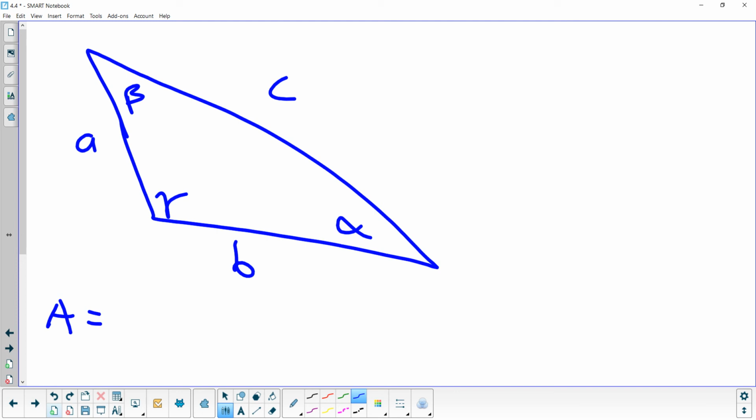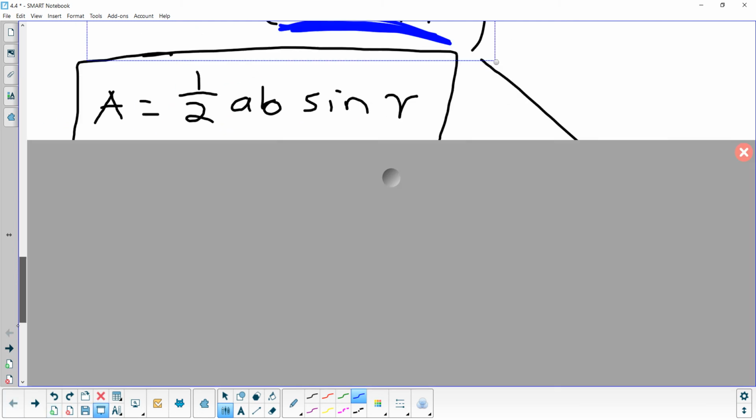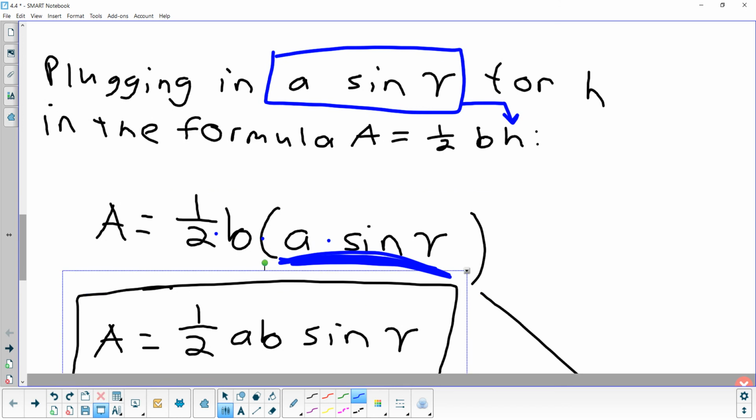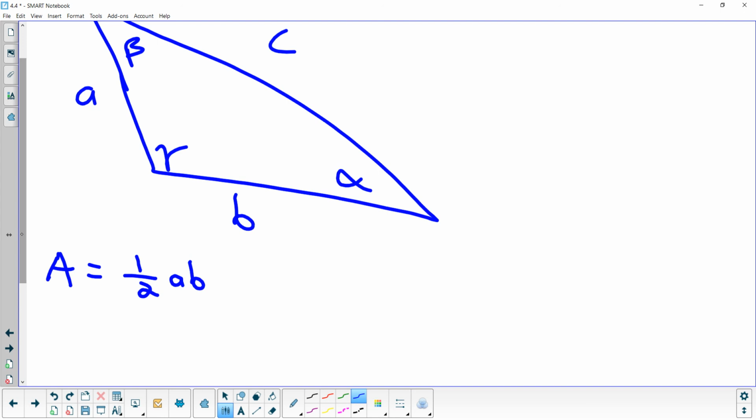For the area of a triangle: A equals a half BH. The new one we came up with: 1/2 B times A sine gamma. And remember, we're going to rewrite that so it's 1/2 AB sine gamma.